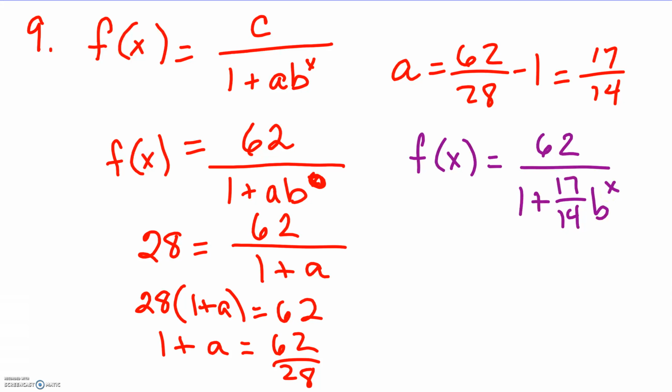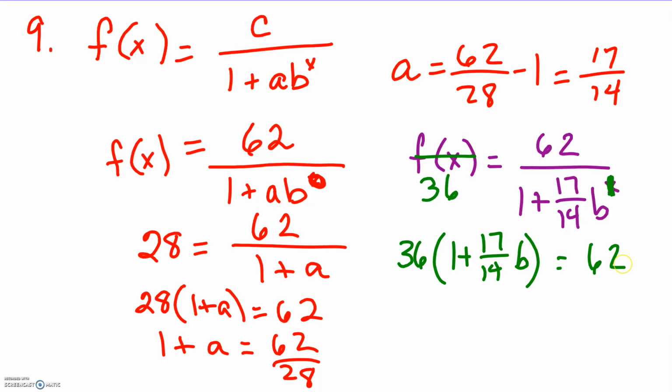And now the other piece of information is that it goes through the point (1, 36). So what you're going to do is just fill in 1 for this x value and 36 for this f of x value, and then you're just solving for b there for the very last step. So, just go through and do the algebra. I would probably divide by 36 here.